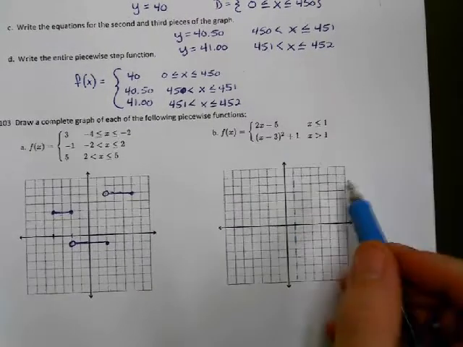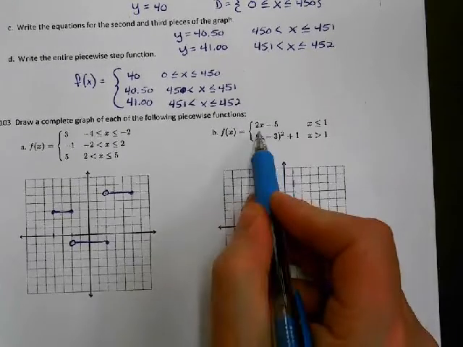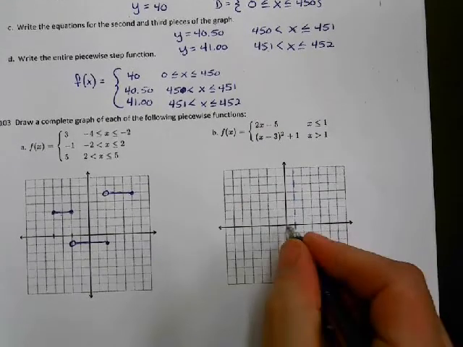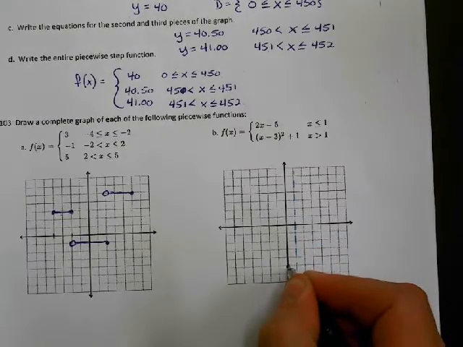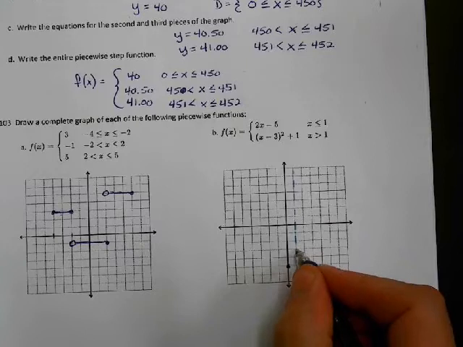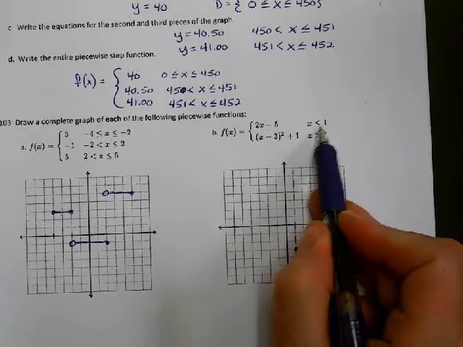Okay, so let's go ahead and do this one. So my y-intercept's at -5, so I'm going to go down 1, 2, 3, 4, 5. My slope is 2, so I'm going to go up 1, 2, and over 1. And I am going to put a closed circle right there because x can be equal to 1.